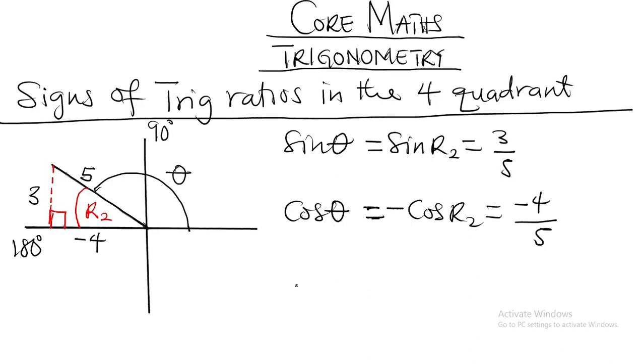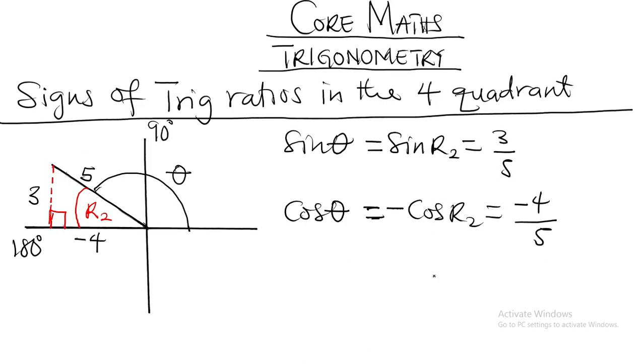So in the second quadrant, the cos of an angle theta is the same as the negative cos of its reference angle. I hope you are following.